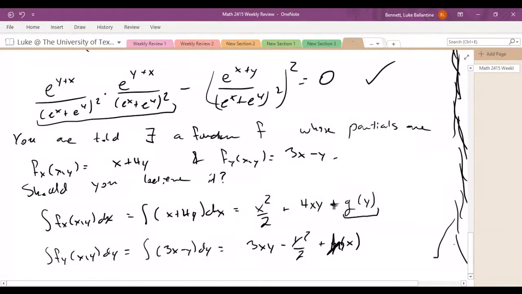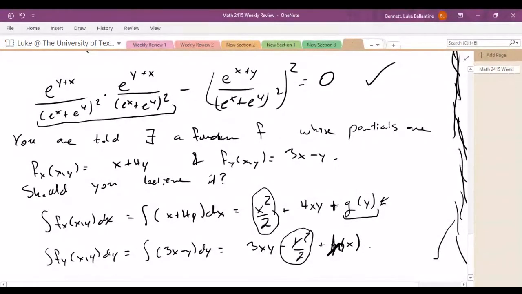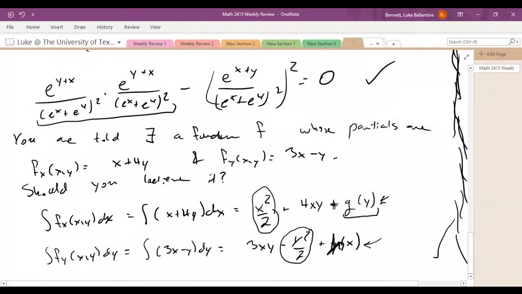Now, you may be saying, okay, well, this one has an x squared, and this one has a y squared, so it's not the case. There's no function. But that's actually okay, because when we integrated the partial of f with respect to x, we got a constant of integration g. When we integrated f with respect to y, we got a constant of integration h. So this h would be x squared over 2. G would be negative y squared over 2.